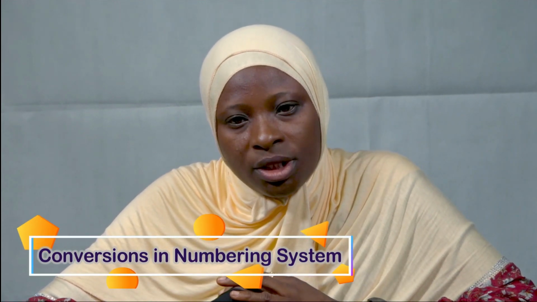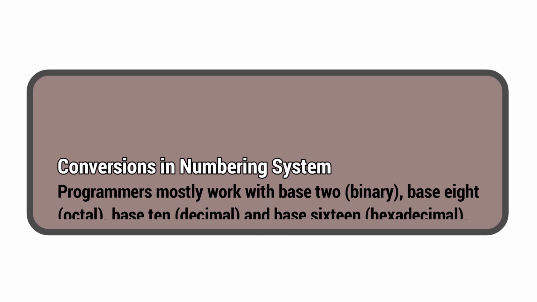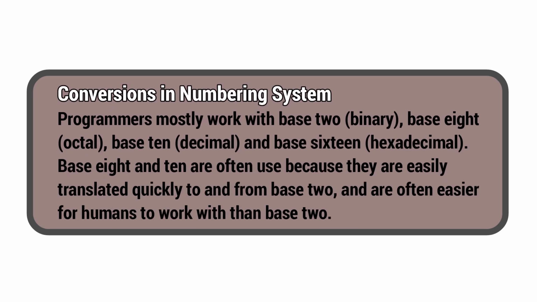Conversions in numbering system. Programmers mostly work with base 2, binary, base 8, octal, base 10, decimal, and base 16, hexadecimal. Base 8 and 16 are often used because they are easily translated quickly to and from base 2 and are often easier for humans to work with than base 2.